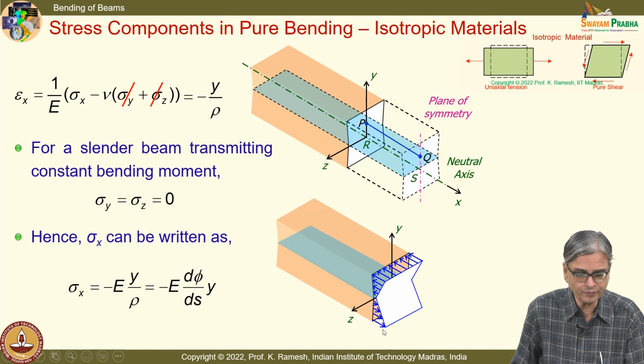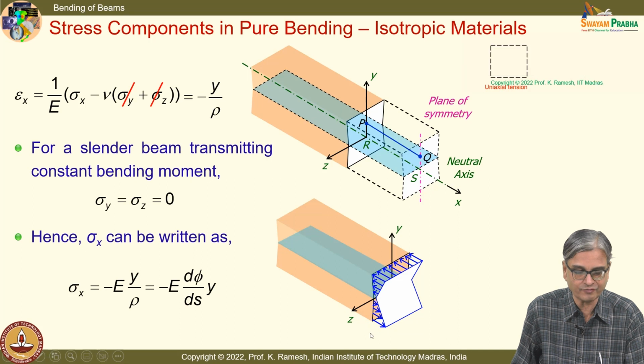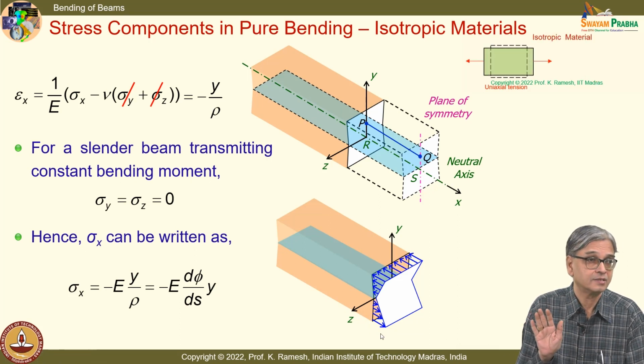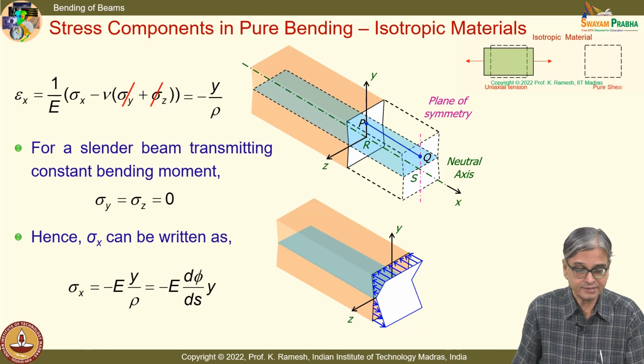So magnitude wise, when I have a symmetric cross section where both sides are at equal distance from the neutral surface, the numerical value of compressive stress and tensile stress would be identical. One is having a positive sign, another a negative sign.